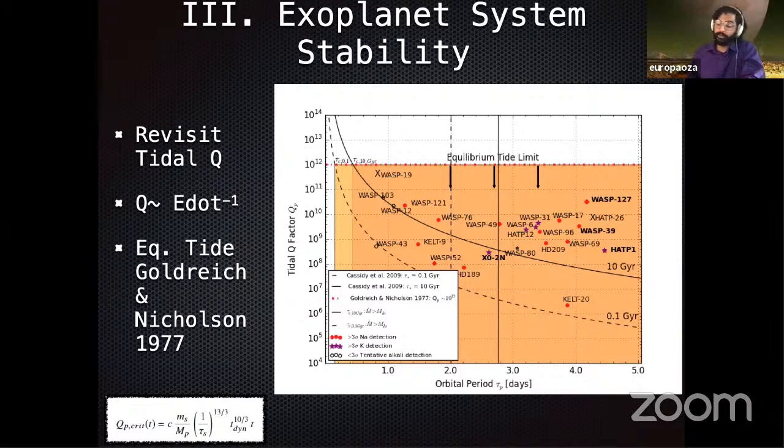So I would agree with anyone that is saying that these systems should be rare based on formation and migration. But that's not to say that they're not there. From 3,000 exoplanets, I would say at least 10 systems could be possible, especially given the sodium and potassium detections not being one-to-one. Not every hot Jupiter has a sodium atmosphere, actually.